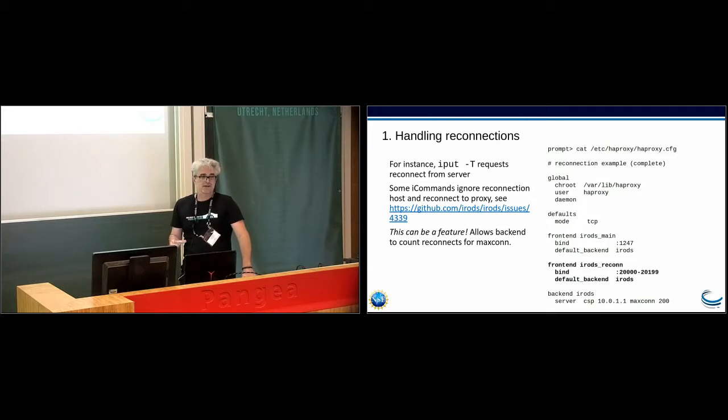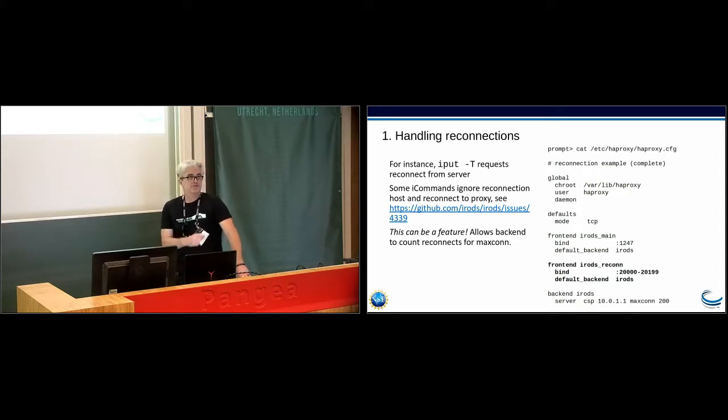Well, a lot of the I commands, at least the ones I played with, ignore that, and they reconnect right back to the same host they connected to originally. So instead of connecting back to the server directly, they connect to HAProxy. If HAProxy isn't listening on those ports, your connection breaks.